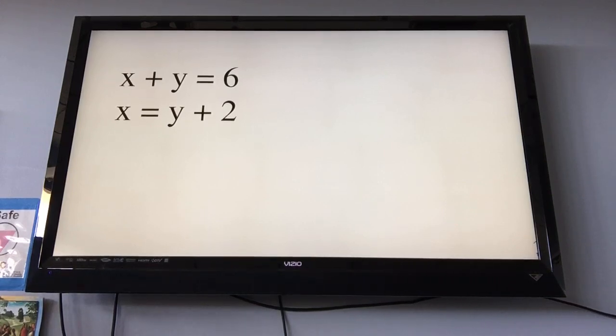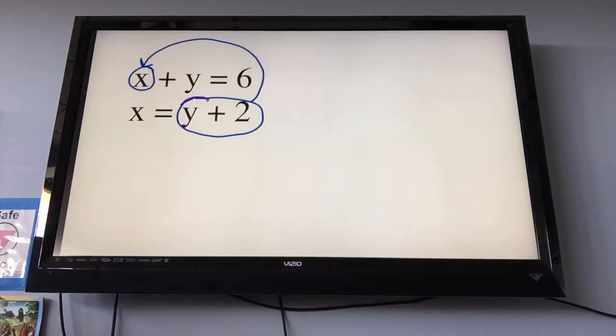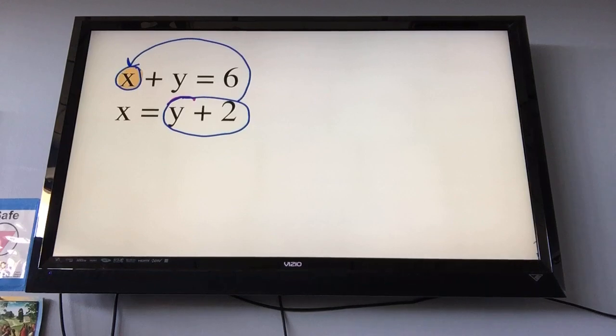So you start with that equation. If x equals y plus 2, we're going to take this y plus 2, and we're going to put it into the other equation for the x. y plus 2 plus y equals 6. So the x is going to come out of the equation, and the y plus 2 is going to go into the equation. So x is coming out of the game, y plus 2 is going to go in the game.